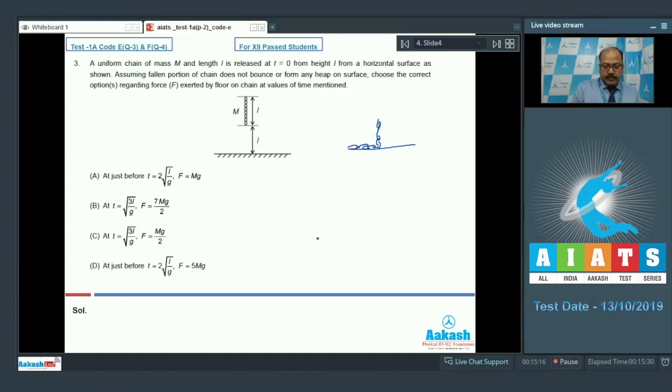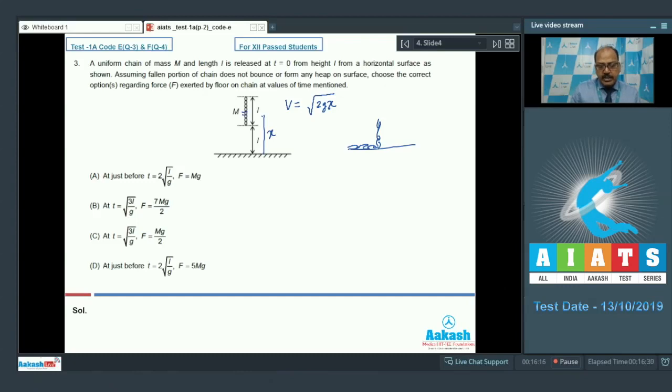Okay, so to find the force applied by the falling part, let's consider an element of the chain which is at distance x from the surface. Now it's a free fall, so when this particle is striking the horizontal surface, the speed of the particle with which it strikes the horizontal surface is v equal to root 2gx.